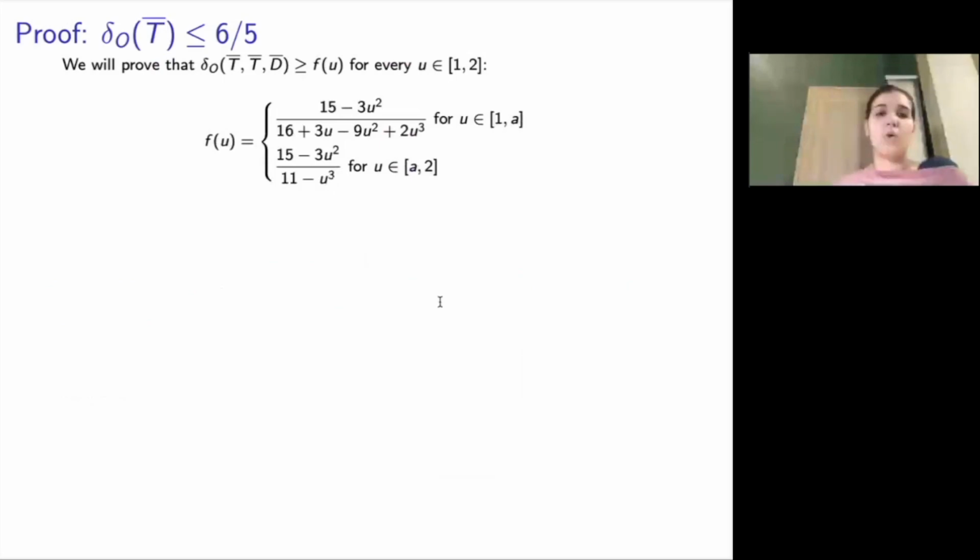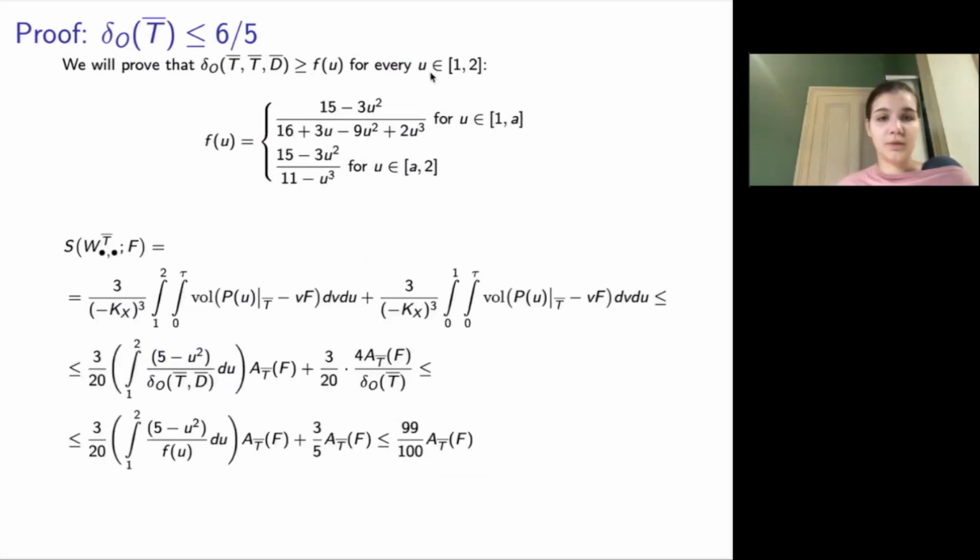And we will prove that there shouldn't be this second overline T here. I will correct it in later notes. So we will prove that the local delta invariant for this pair is greater than this function for every point u inside the interval [1, 2].